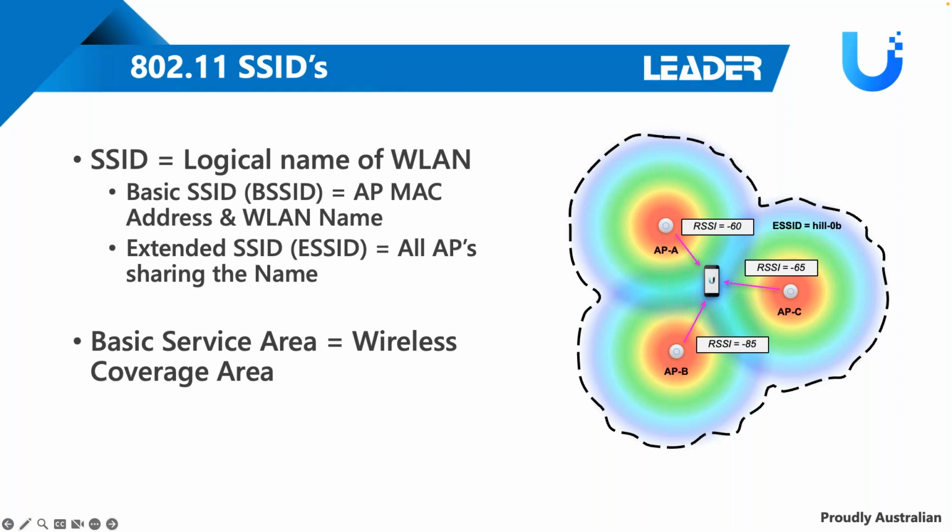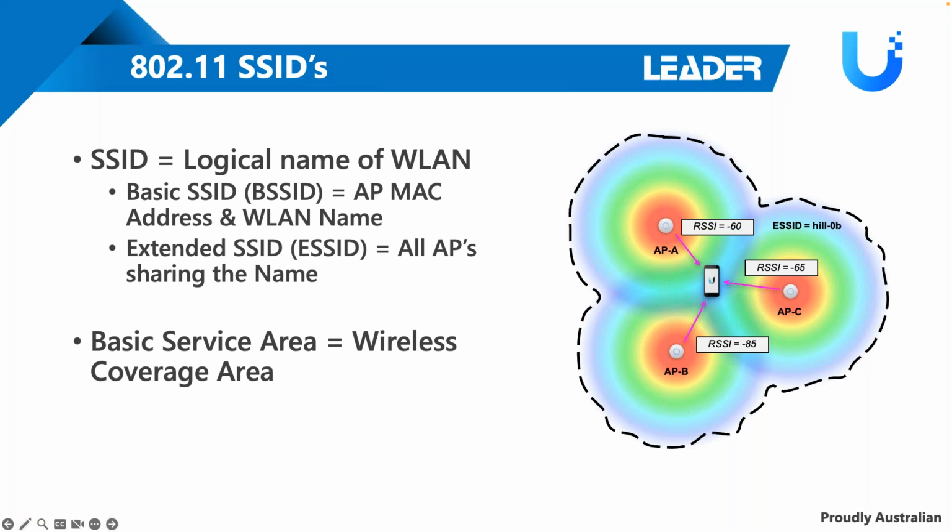If you use the Ubiquiti WiFiman app, you'll also see that they give you the list of wireless LAN names, or SSIDs, and sometimes you'll find something like, I don't know, guest Wi-Fi. If you click on that guest Wi-Fi, you'll see there are multiple access points under that list.